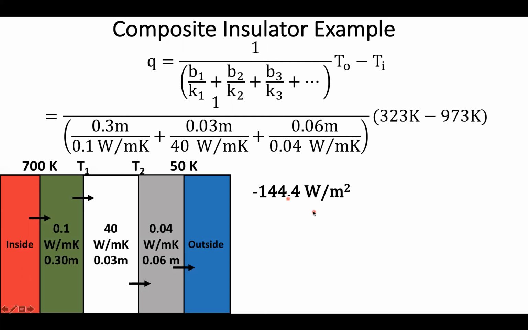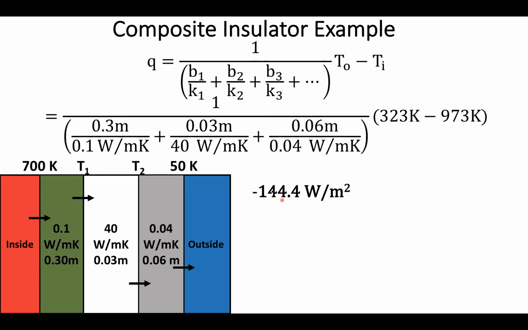And it turns out we end up losing about 140 watts per square meter of furnace area. So again, this is going to be about 140 joules per second. This is a fairly decent heat loss, but not huge.